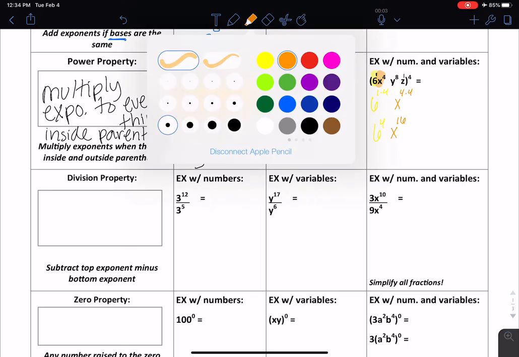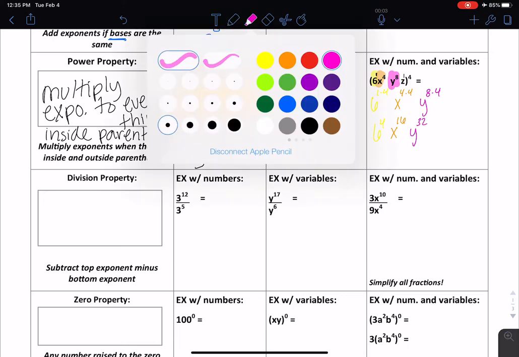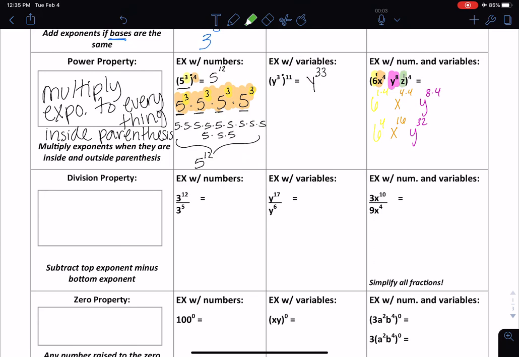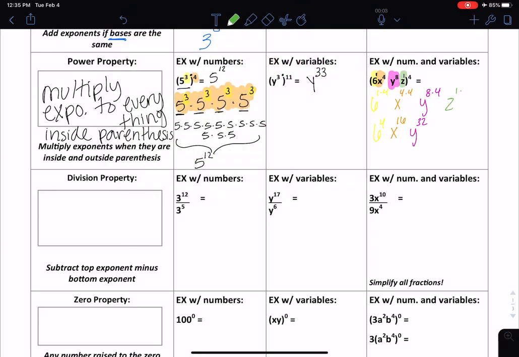Then I'll do my y's, and I'll do y to the 8th times 4, which is y to the 32. And then the last one is the z to the 1st times 4. So I get z to the 4th.